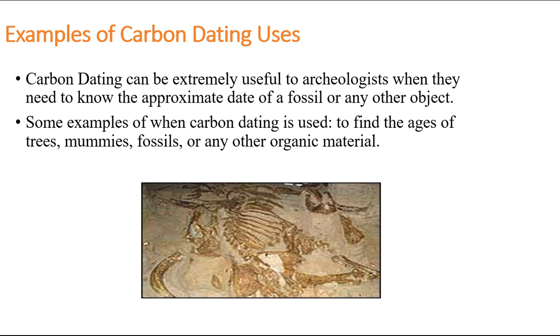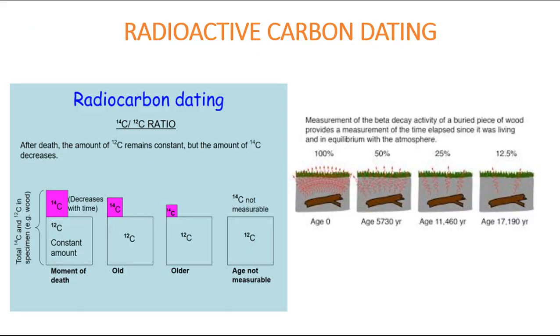Carbon dating can be extremely useful to archaeologists when they need to know the approximate date of a fossil or any other object. In this figure you can see that when the age is 0, it is living, it is 100%, means this is in equilibrium with the atmosphere.